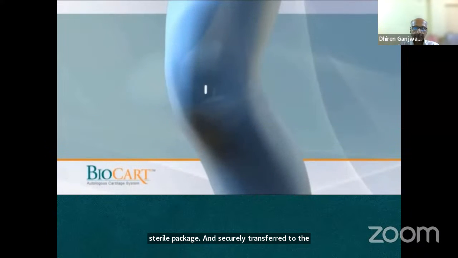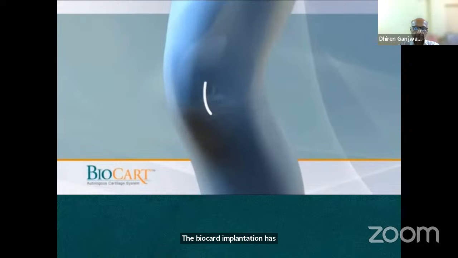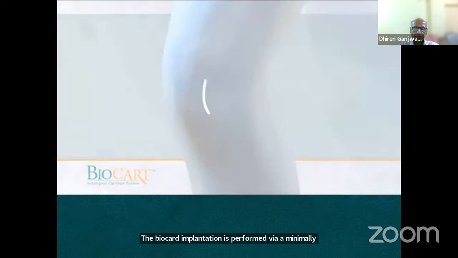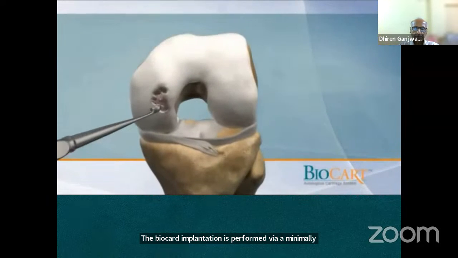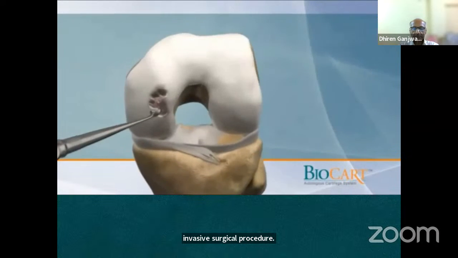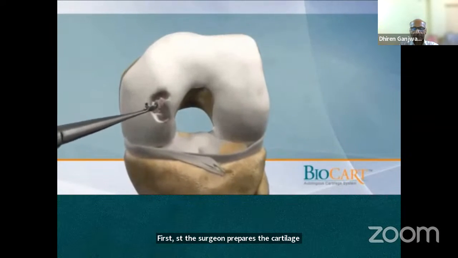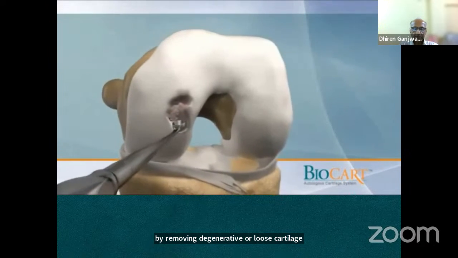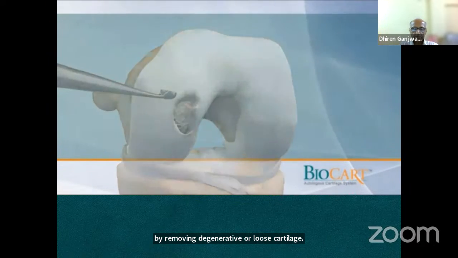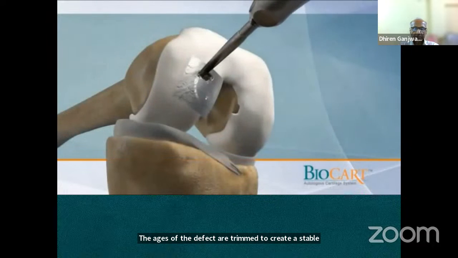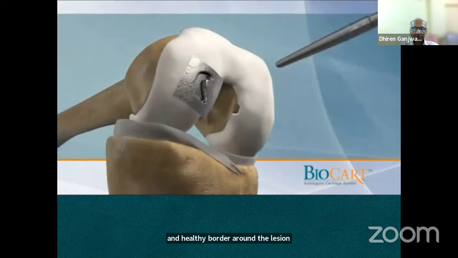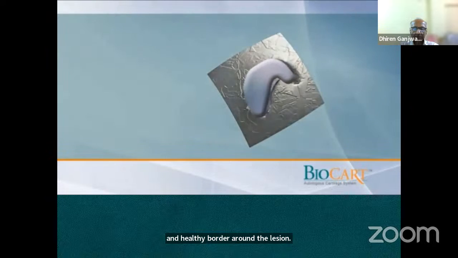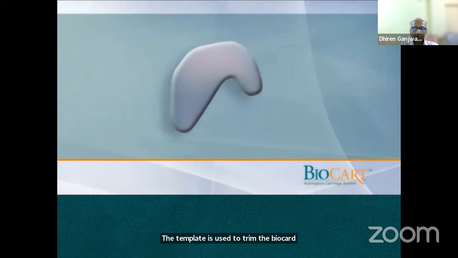The BioCart implantation is performed via a minimally invasive surgical procedure. First, the surgeon prepares the cartilage defect area by removing degenerative or loose cartilage. The edges of the defect are trimmed to create a stable and healthy border around the lesion. The template is used to trim the BioCart implant to the exact shape and size of the cartilage defect.